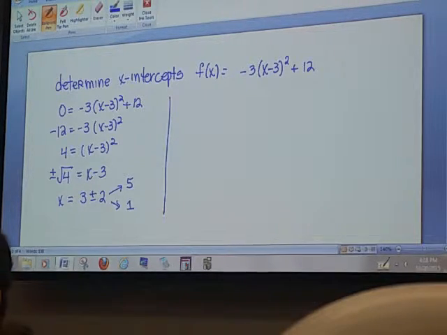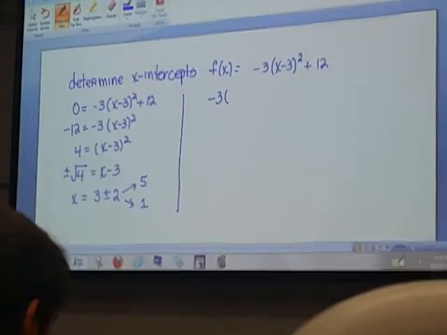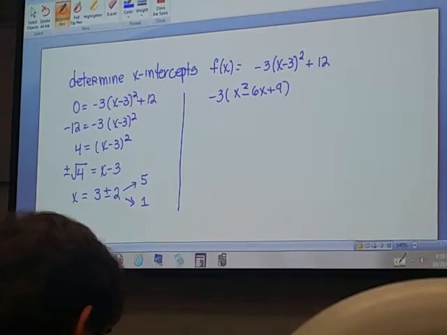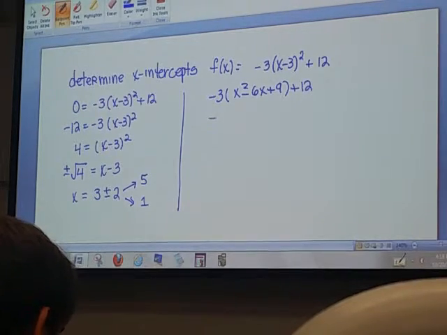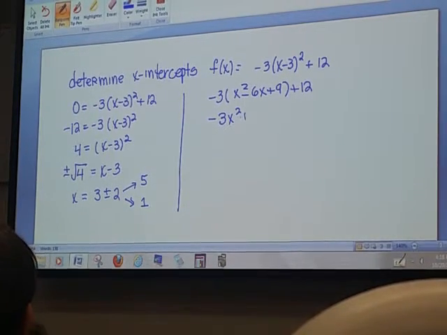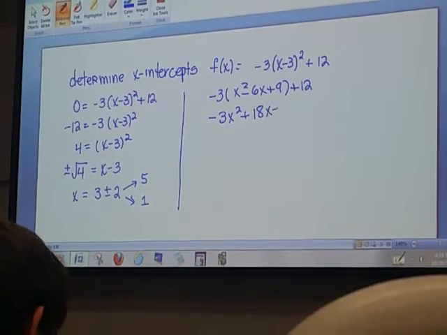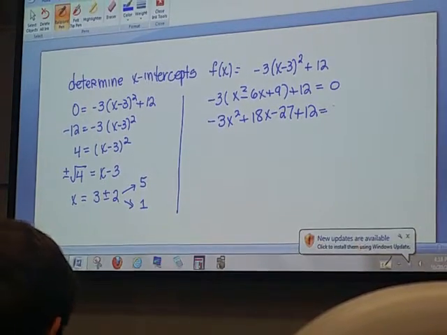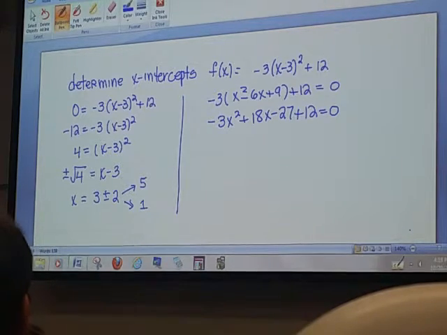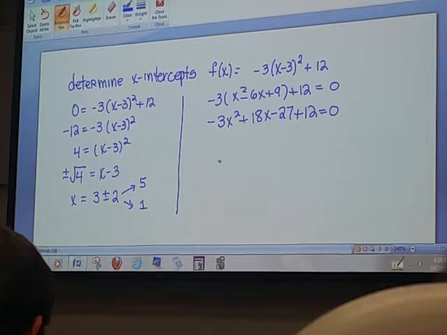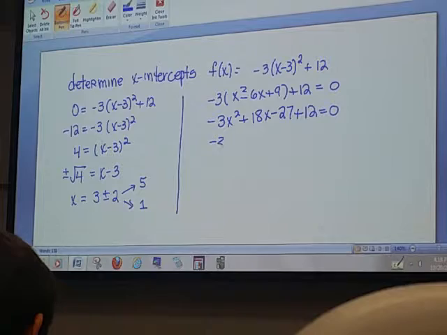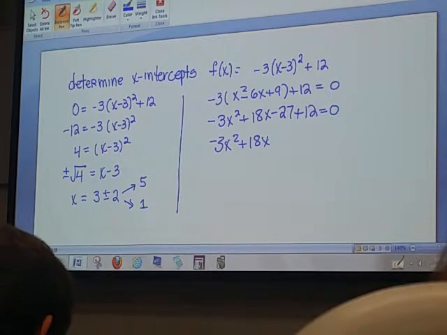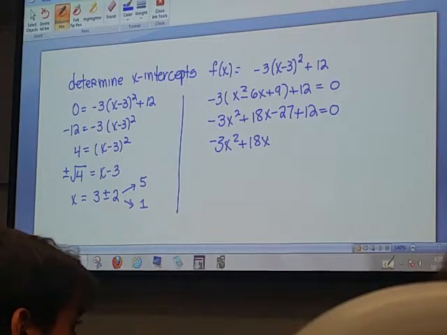Or I can multiply this out and find out where that thing equals 0, in which case I can use my Casio after I have it multiplied out correctly. Let's see.